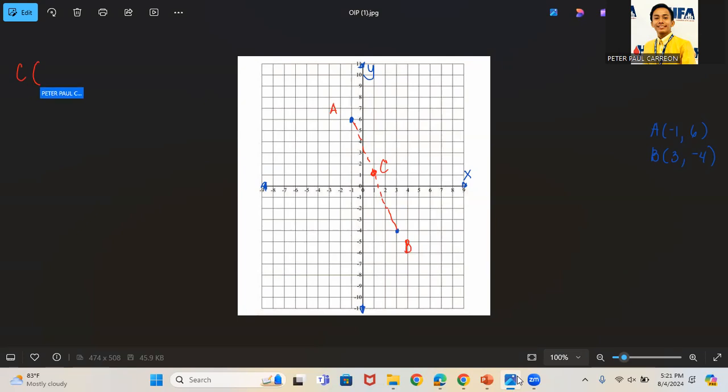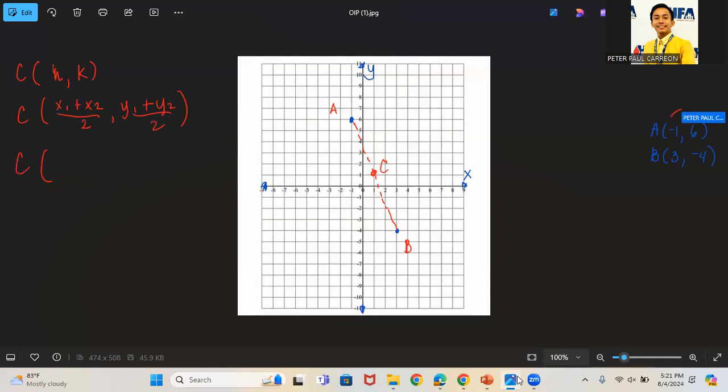The center at HK could be obtained by what we call the midpoint formula. I know you are familiar with the midpoint formula, and that is x sub 1 plus x sub 2 over 2, y sub 1 plus y sub 2 over 2.